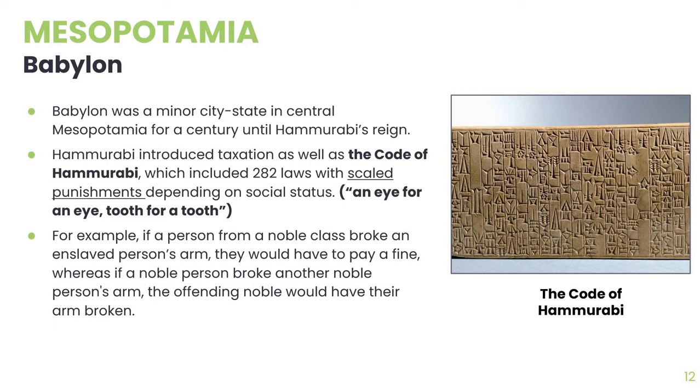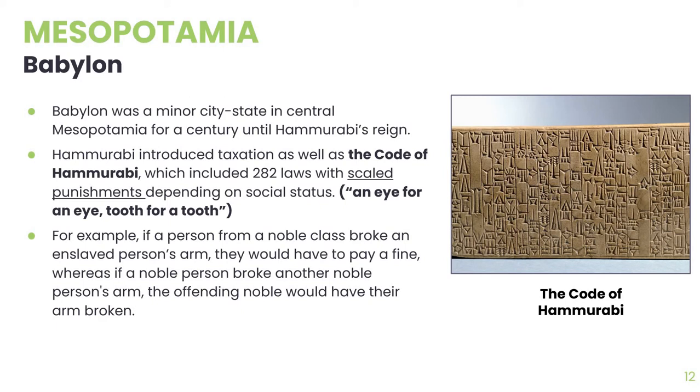He introduced taxation as well as the Code of Hammurabi, which included 282 laws with scaled punishments. Highlight the words scaled punishments depending on the social status. Dito nagmula yung ating kasabihan na an eye for an eye, tooth for a tooth.